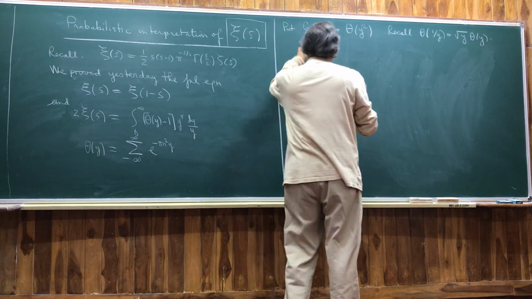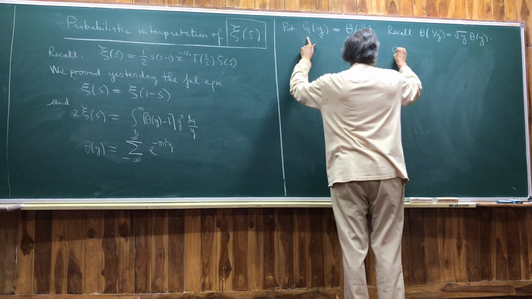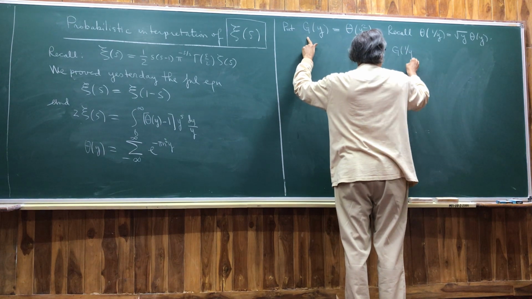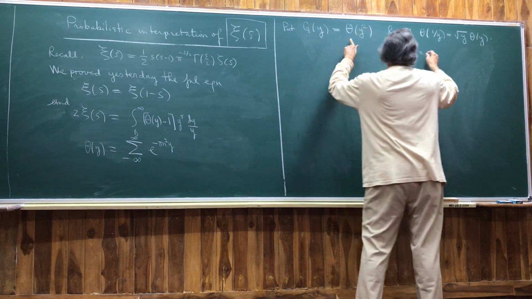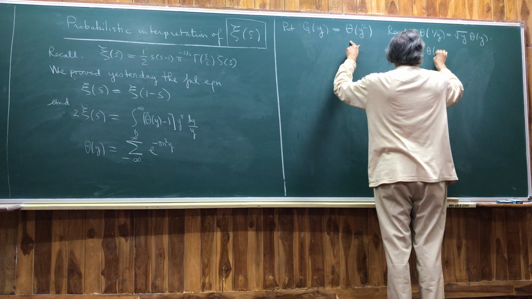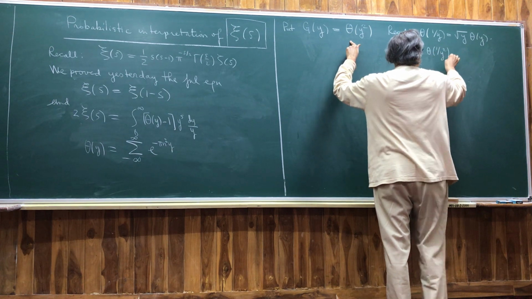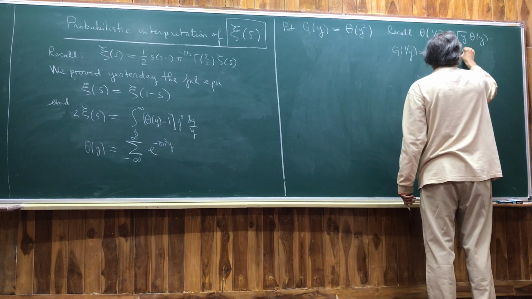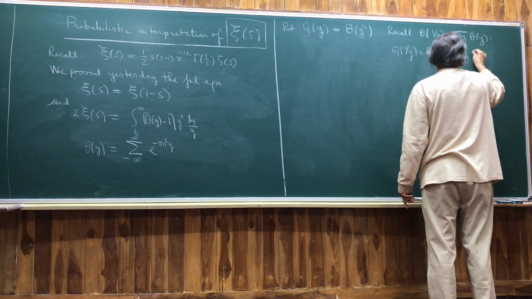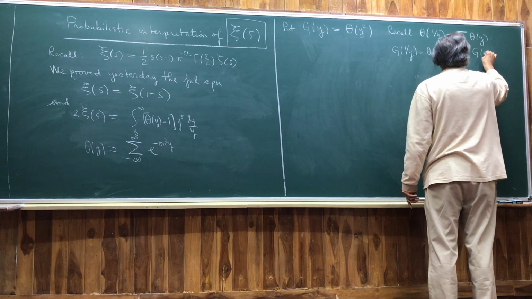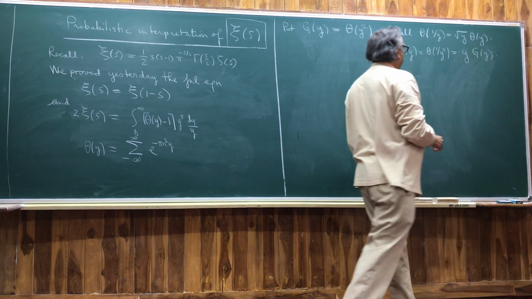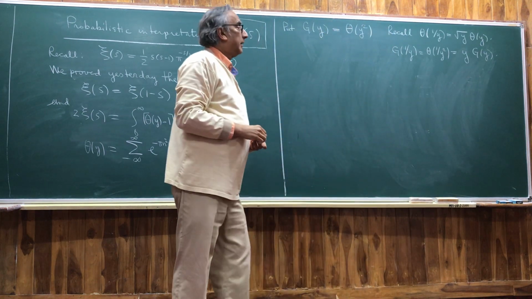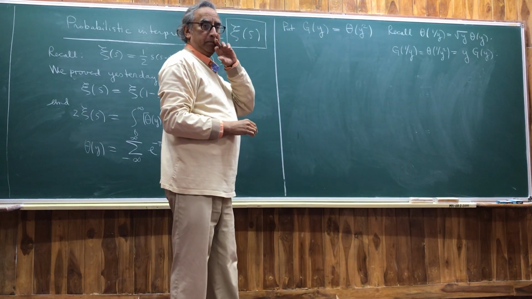So what does this mean for g? Well, g of 1 over y is theta of 1 over y squared, which is equal to y theta of y squared, which is g of y. So you have this functional equation for g.